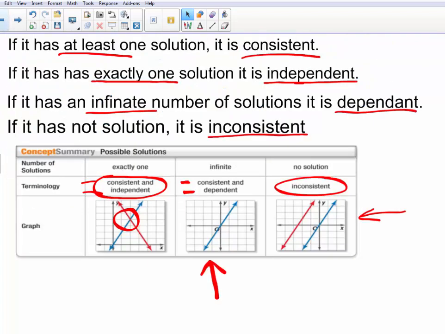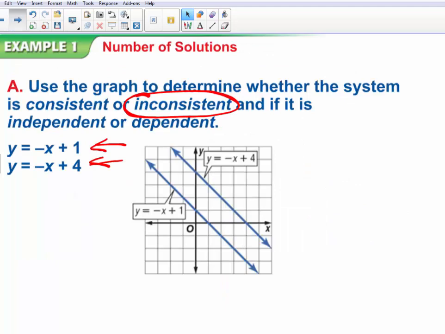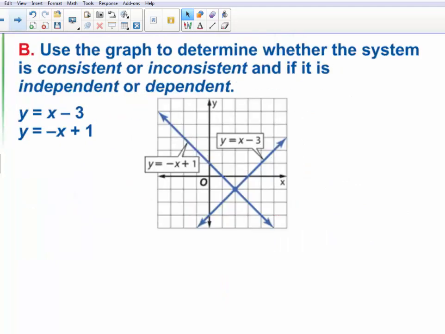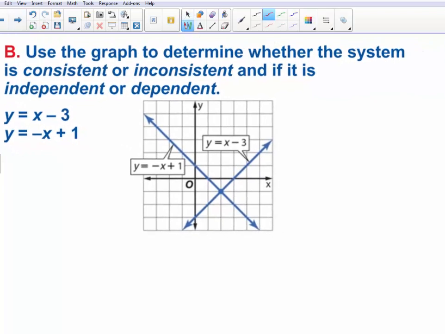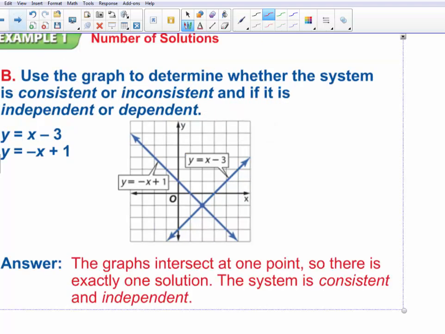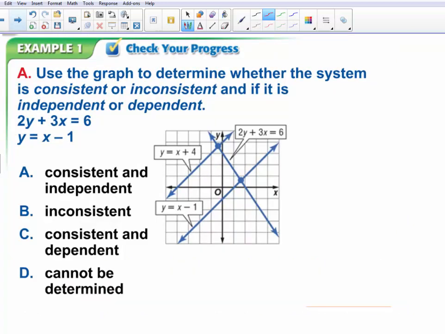Remember back there, dependent was if it was an infinite number of solutions. So it is both consistent and independent. Consistent and independent, that's what we just did. That was the solution for it.